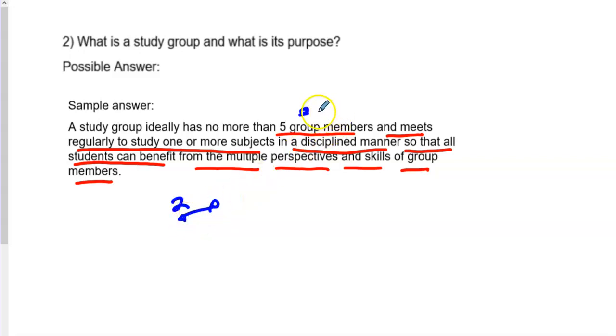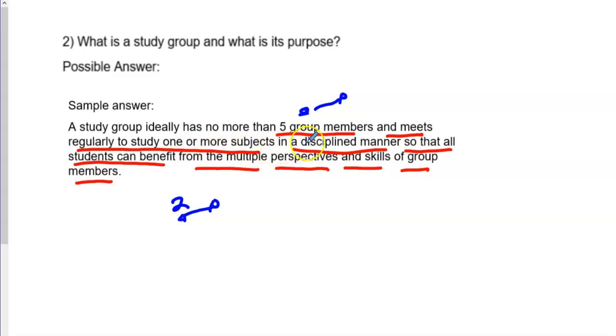And also, if you have group members that are more than 5, then you are going to have a lot of people around, and it might not be possible to get everybody involved. And so you have to restrict the group members so that you don't go above 5, but you are also not way below, so that everybody can contribute and will be able to share ideas together.